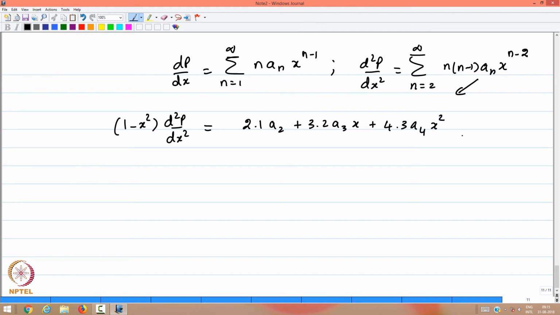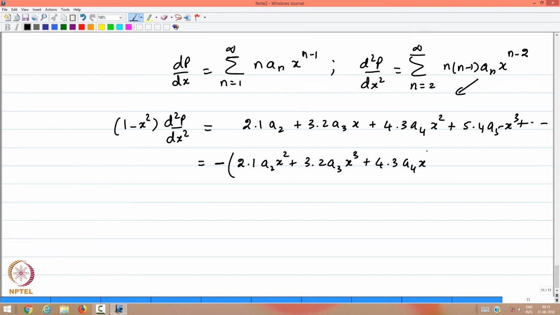Okay. I am expanding the series, plus 5 into 4 a5 x cube plus etc. And the second one is the x square term, which multiplies everything by x square with a minus sign. Therefore, you have a minus 2 into 1 a2 x square plus 3 into 2 a3 x cube plus 4 times 3 a4 x 4 plus etc. Okay. So, that is this term.